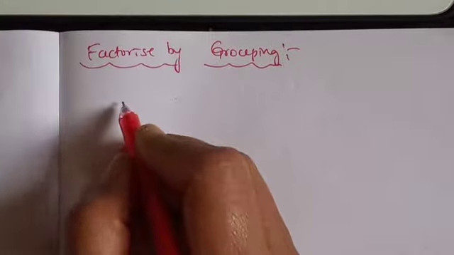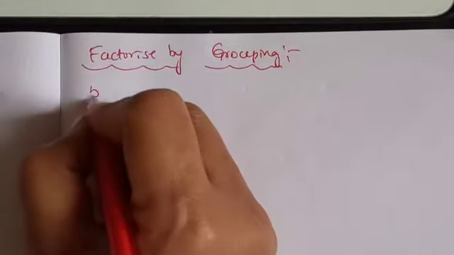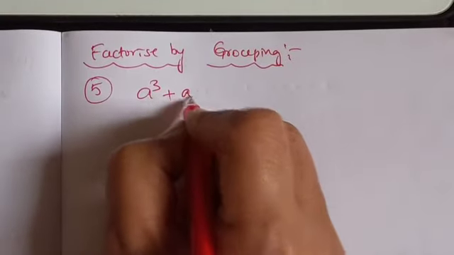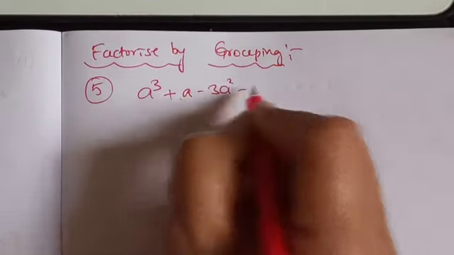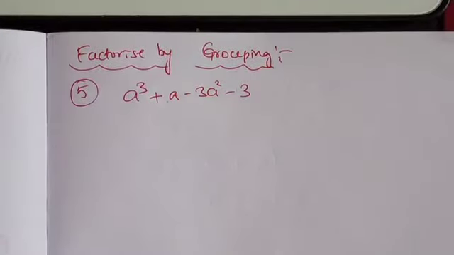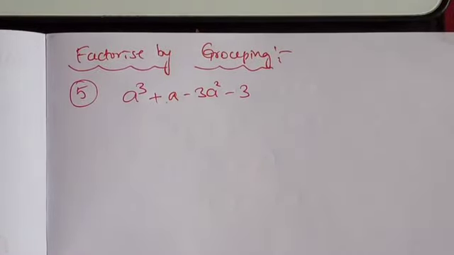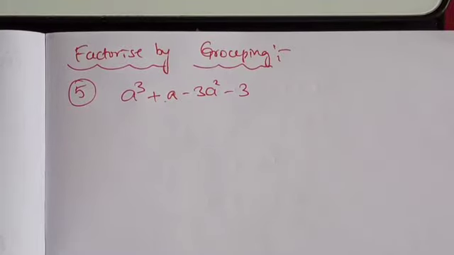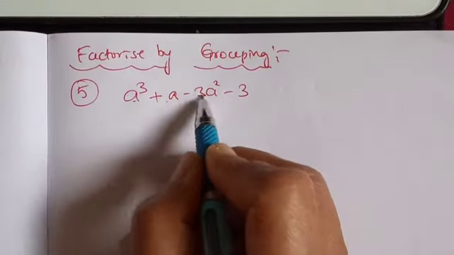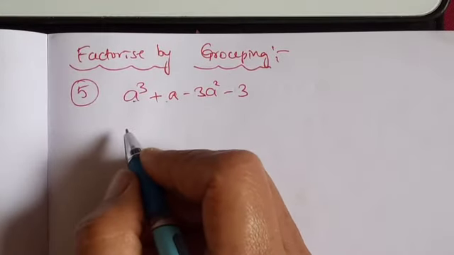Yes, fifth question, children. This is a cube plus a minus 3a square minus 3. So here a cube is the highest power. We can write in order first.